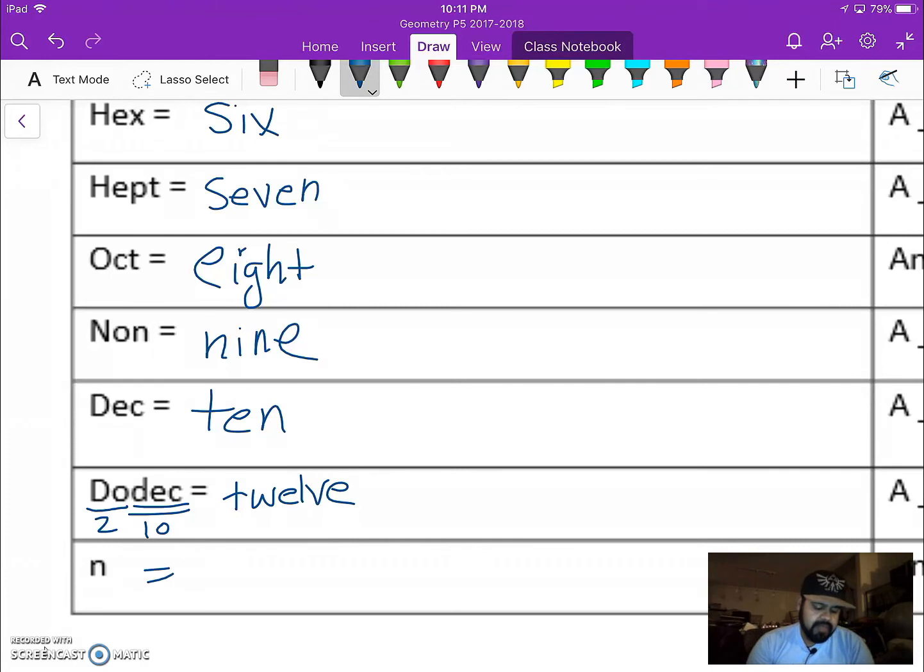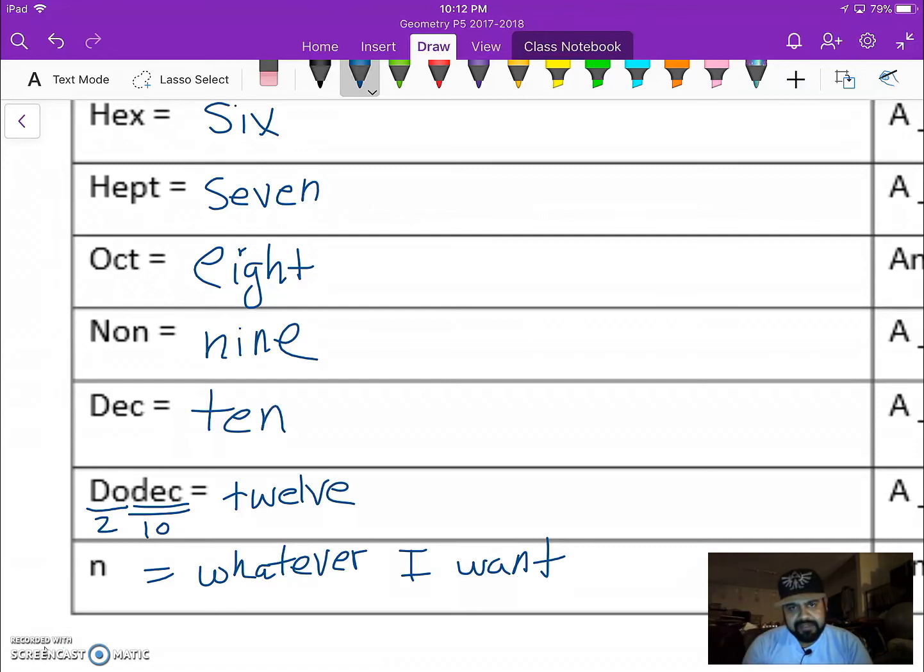Now n, at this point, I can make it whatever I want. What I mean by that is, at this point, I don't want to memorize every single Greek prefix. I don't have the time to teach you them all, nor do I know them all.